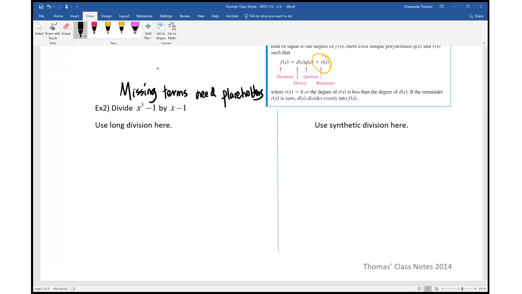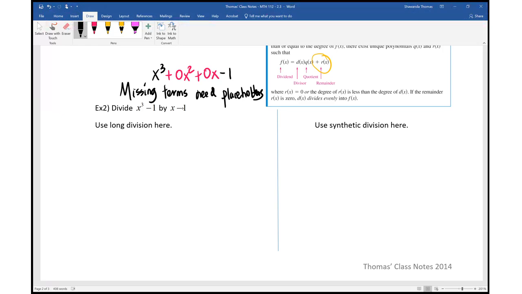We have x cubed, but we are missing x squared, and we are missing x. So what we're going to do in this place is put placeholders 0 times x squared plus 0 times x in its place. So even if the divisor was missing terms, you will also use this technique using placeholders. It just doesn't work out well if you don't use a placeholder.